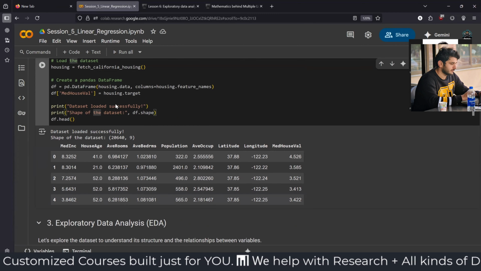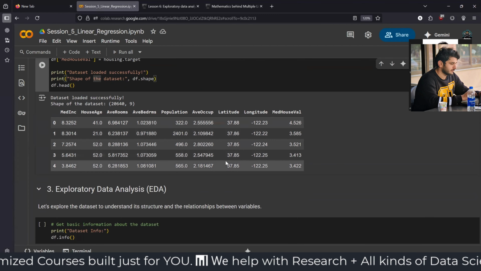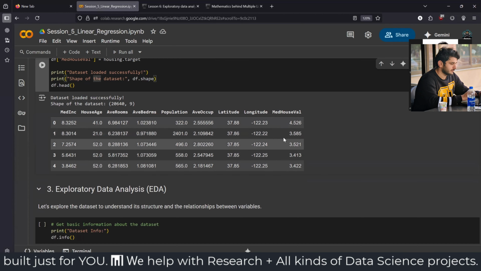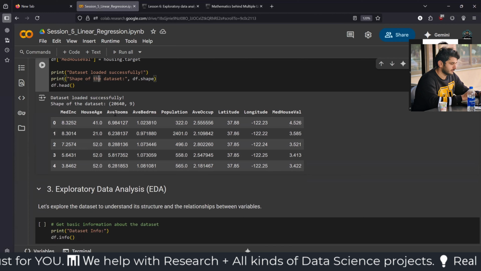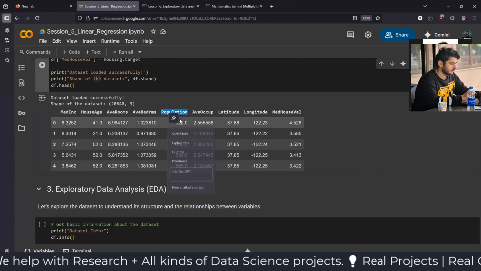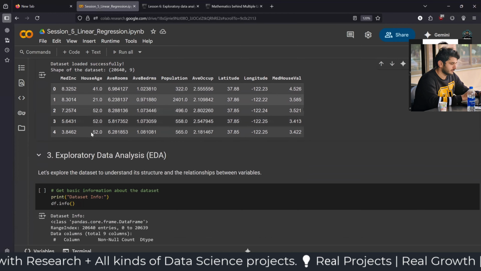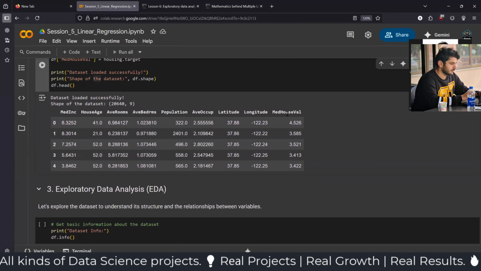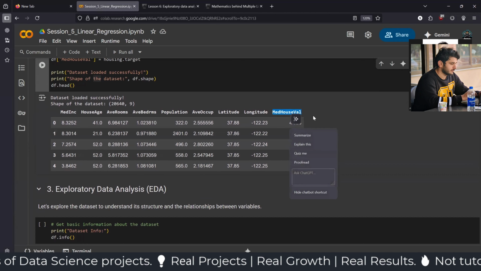Since we have a data frame, we can just see how it looks. This is the data frame related to housing, and we have different columns like average number of rooms, average bedrooms, average population, and all these terms in our data frame, and our main objective is to find the median housing value.